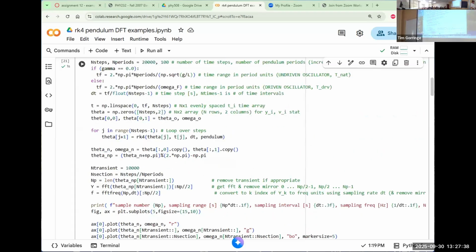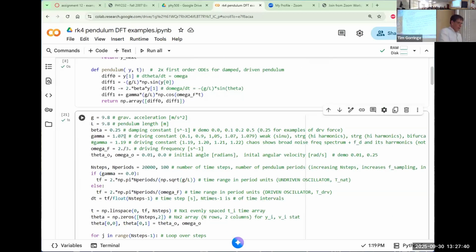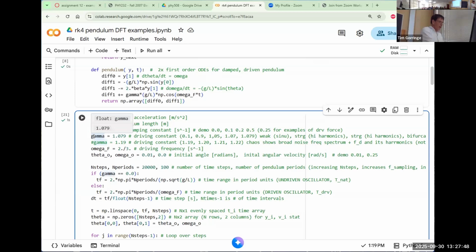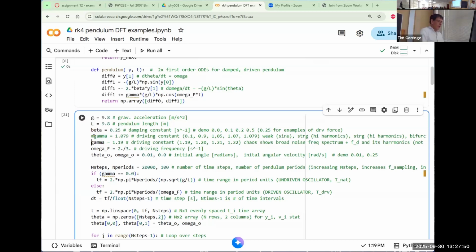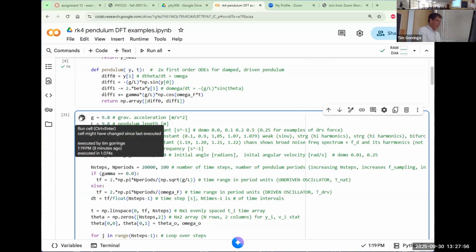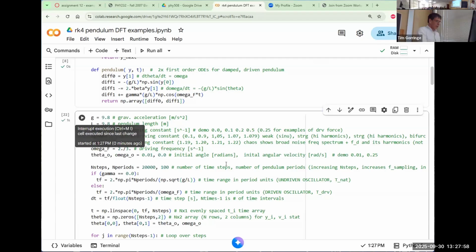Okay. I'll show you one more. We've seen a couple of bifurcations there. We could try and follow the bifurcations. They get increasingly closely spaced, so increasingly difficult to follow.